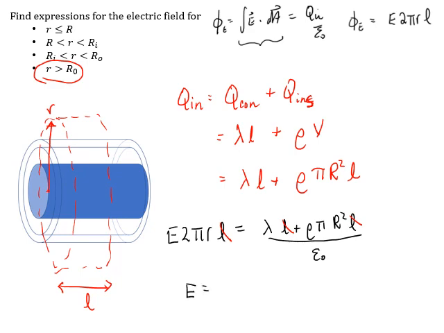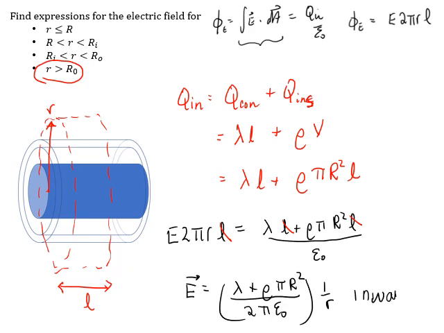We see that our electric field is lambda plus rho times pi times r squared divided by 2 times pi times epsilon naught outside of 1 over r. So there's our electric field. The direction of our electric field, overall the net charge is negative, so the direction of the electric field is going to be inward because the net charge is negative.